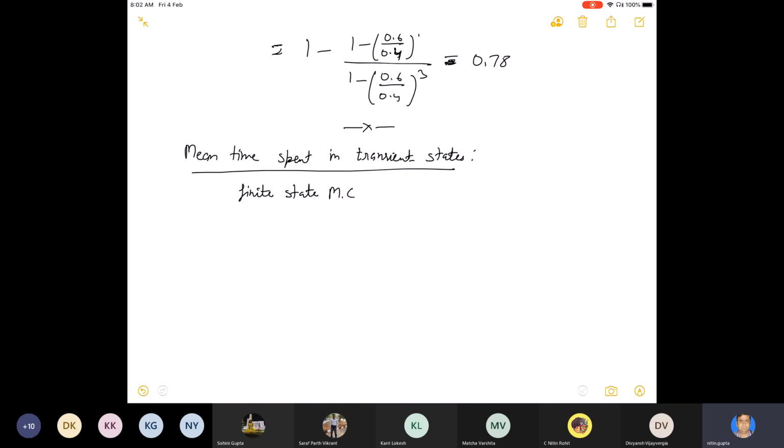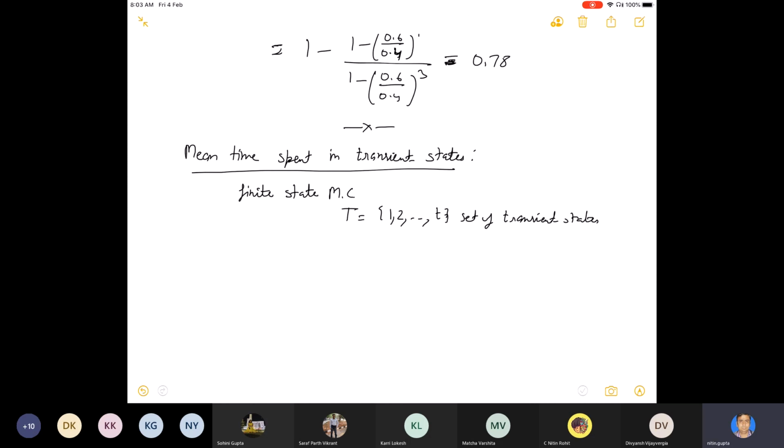Some states may be transient also. Let us say that we denote the set of transient states by 1 to T, capital T. So this is the set of transient states.